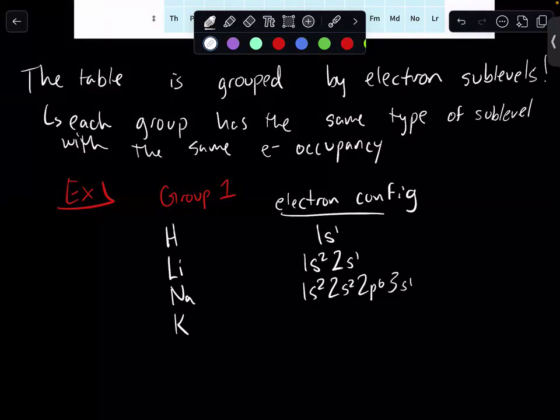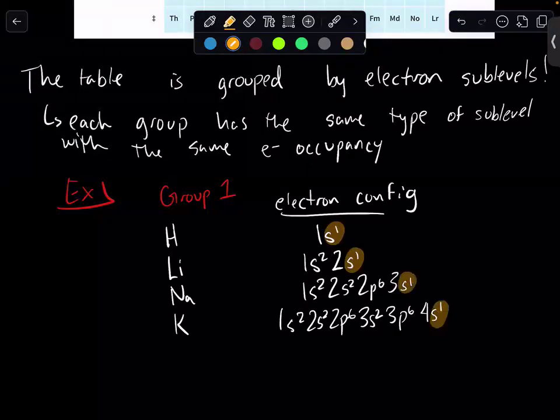Potassium's is going to be 1s2, 2s2, 2p6, 3s2, 3p6, 4s1. And we can go further, but we really don't have to. We can already notice that in group one, we all end in s1, s1, s1. So all elements that have the electron configuration s1 at the very end will be a group one element.